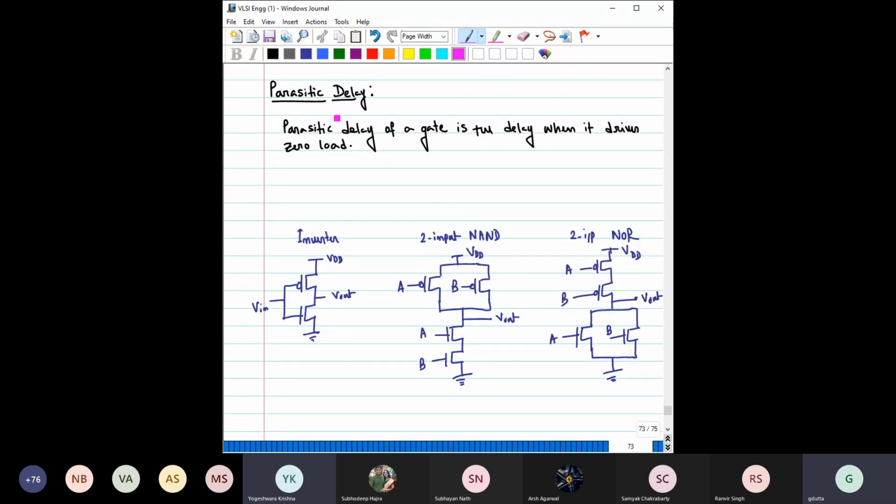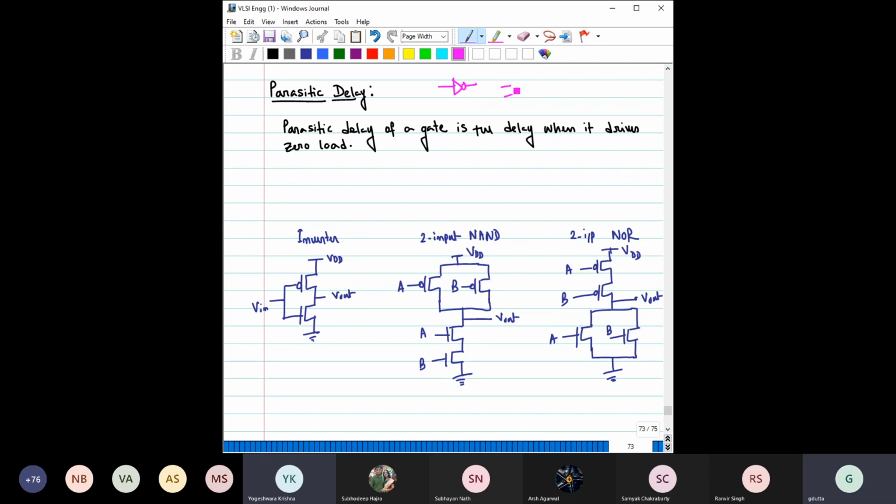Okay, so the parasitic delay, what do you mean by this parasitic delay? The parasitic delay of a gate is the delay when this gate drives no load. That means if it is an inverter, after it there is no load, so basically this inverter is driving only its intrinsic capacitance.